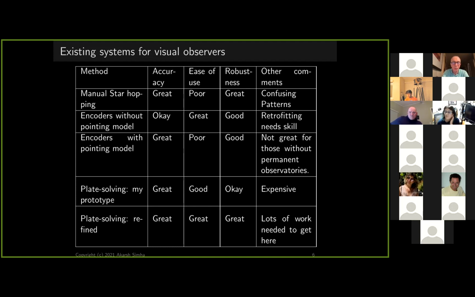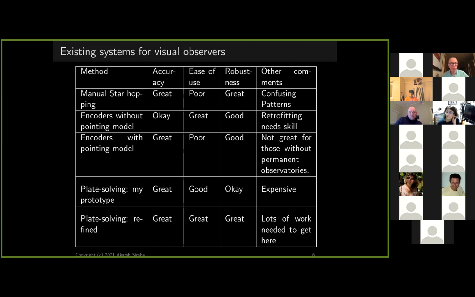But in general, I've gotten something like 5 arc minutes to 10 arc minutes pointing, and I believe it can be improved down to even more. And the ease of use is pretty good. And in my prototype, it's not very robust, right?